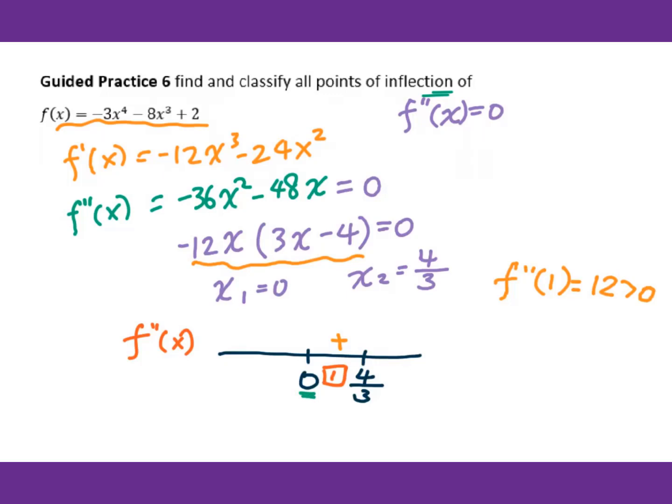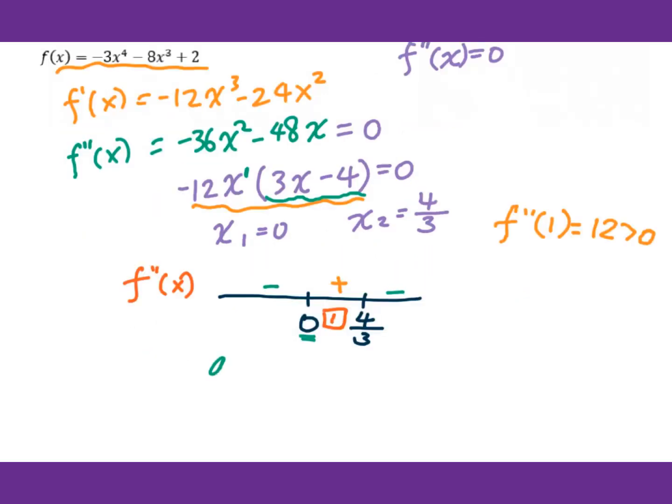For 0, we know this is a single factor, therefore the sign changes to negative. At 4 over 3, same thing, the sign changes, and this is negative. Since at x equals 0 and 4 over 3 the second derivative has a sign change.